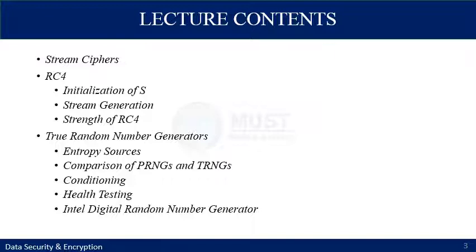Then there will be two tests called the conditioning test and health test. We will also discuss them in this lecture, and to conclude it we will present the Intel digital random number generator mechanism and its implementation details.